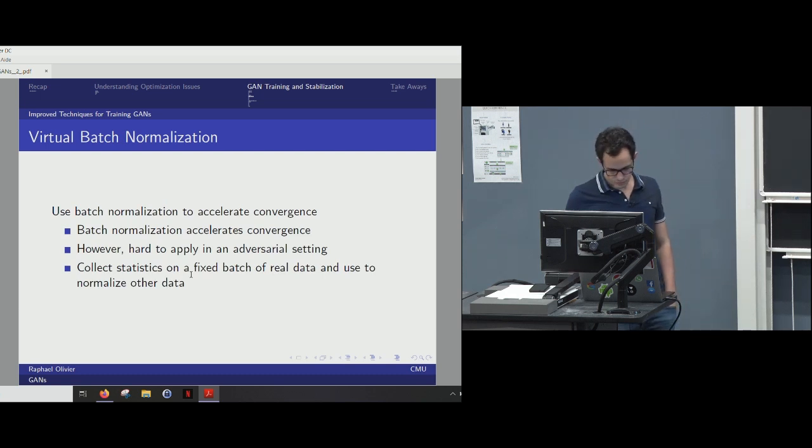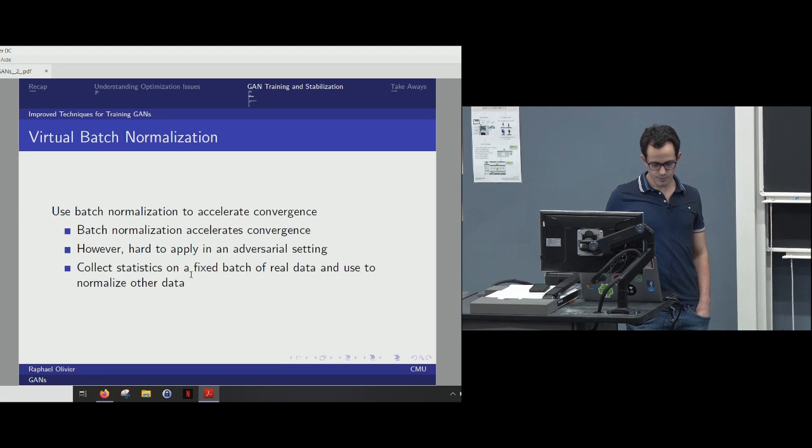And now virtual batch normalization is just them thinking, I want to use batch norm on a GAN because batch norm is great and it regularizes everything. But batch norm, for some reason, doesn't seem to work if you apply it natively on a generator. I guess because it changes the output of the generator so much that your convergence process kind of gets lost when you're in a two-player setting.